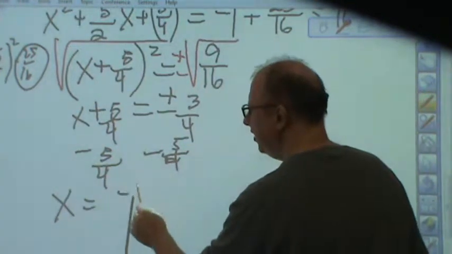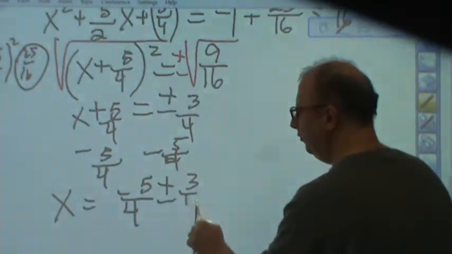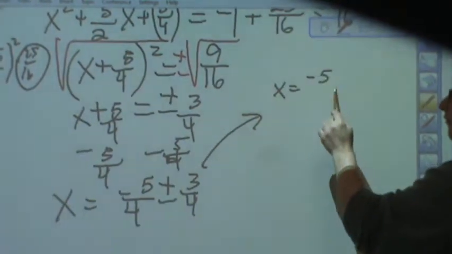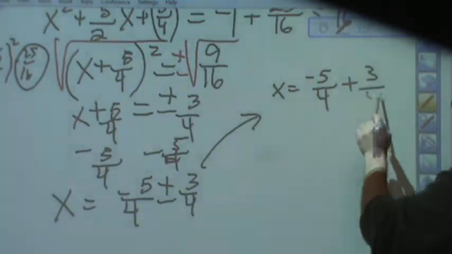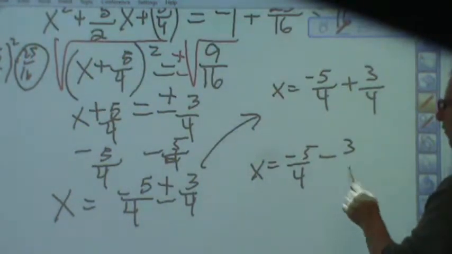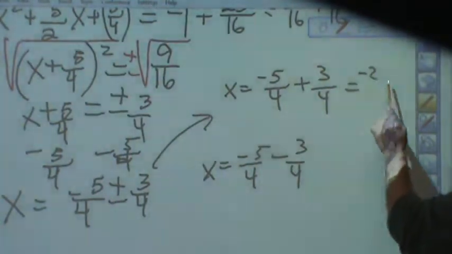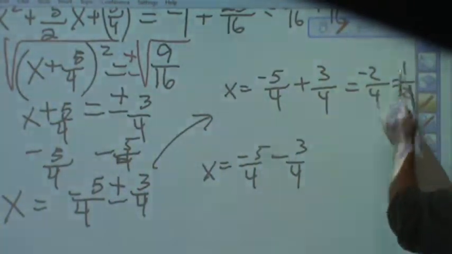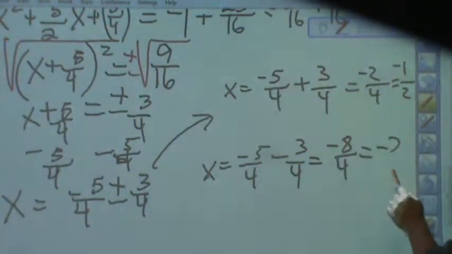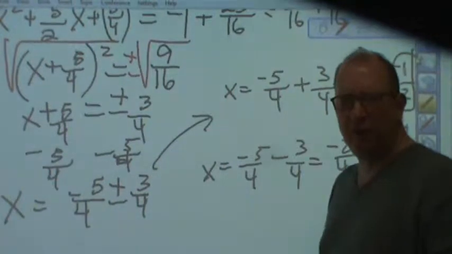X is equal to negative 5 over 4 plus and minus 3 over 4, which means x is equal to negative 5 over 4 plus 3 over 4, and x is equal to negative 5 over 4 minus 3 over 4. Well, this gives you negative 2 over 4, which is negative 1/2. This gives you negative 8 over 4, which is negative 2. And here are my two answers. Same two answers that we had before.